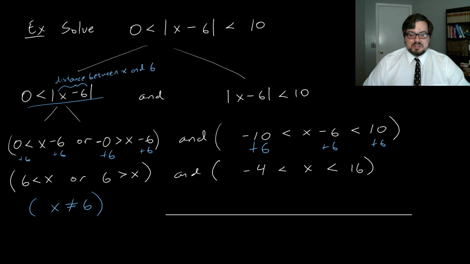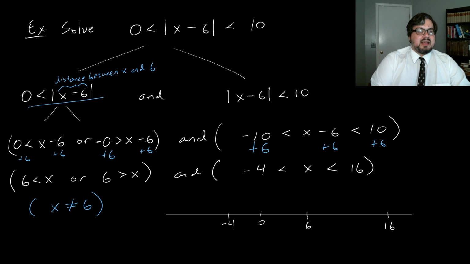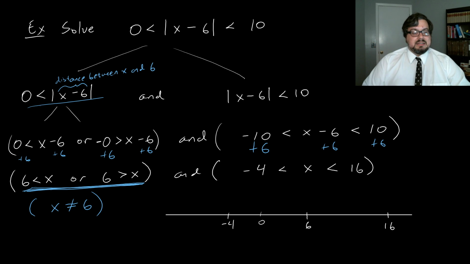So let's sketch out the numbers that are important to us. -4 and 16 are clearly going to be important to us based on the second branch that we did. And then 6 is important to us here. So let's sketch out what each of these inequalities are in a couple of different colors. So the left branch says that we're looking for all numbers that are greater than 6 or less than 6.